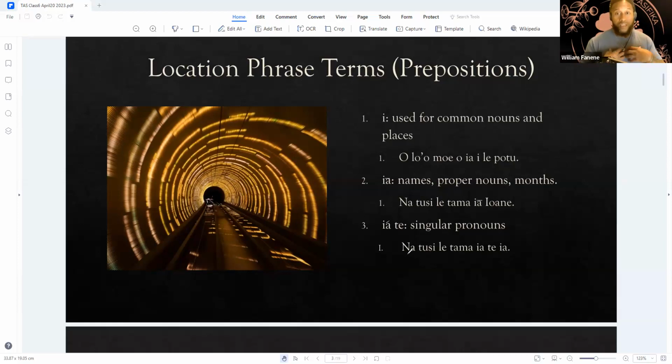So ote alofa ya te oe, like I love to you. And like this right here, natusi letama ya te ia, to him or to her. The boy wrote to him, or the boy wrote to her. So that's a singular pronoun.